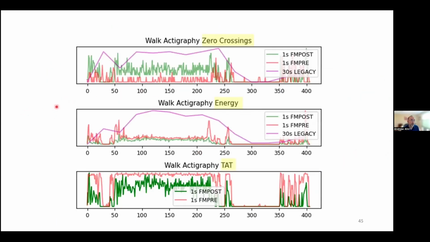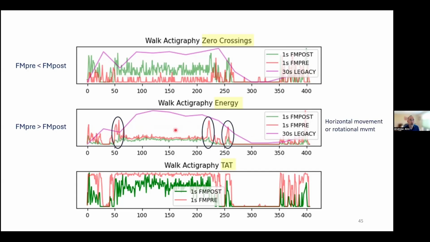And this is an example of actual data of a person walking at a particular pace. You could see the FMpost in green and FMpre in orange. And again, as mentioned before, at least for FMpre, when it comes to zero crossing mode, you have a falsely reduced level, and you could see this in this setting. In FMpre, during energy or proportional integration mode, FMpre is larger than FMpost.